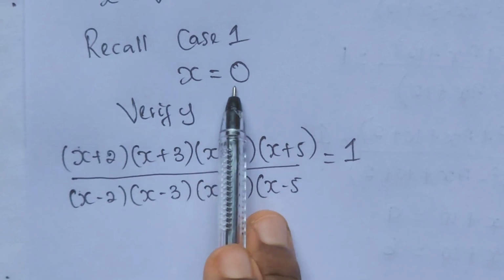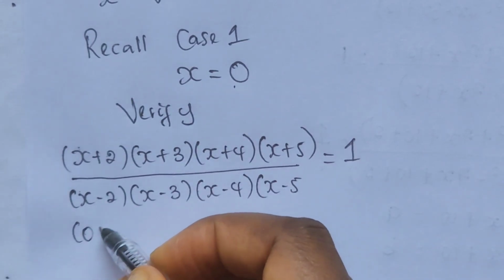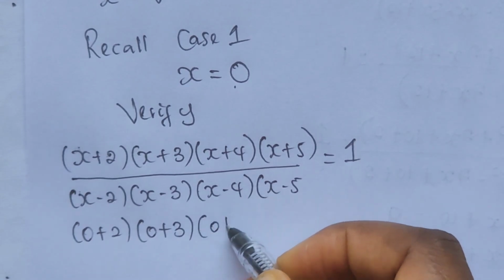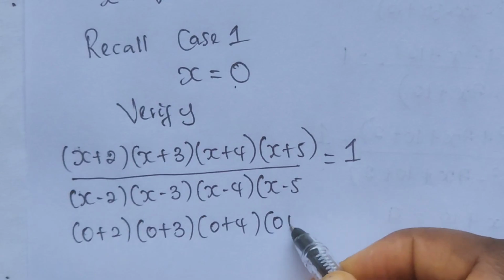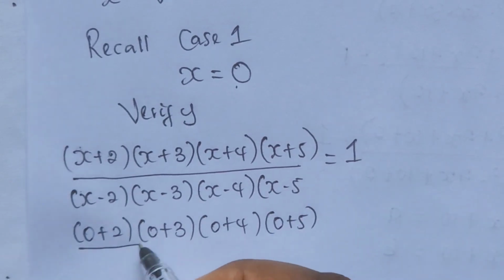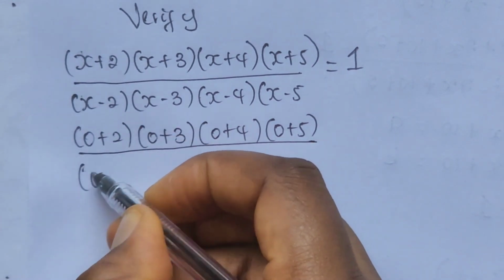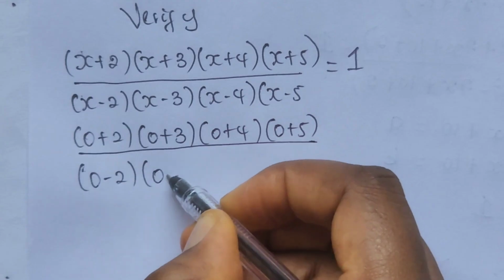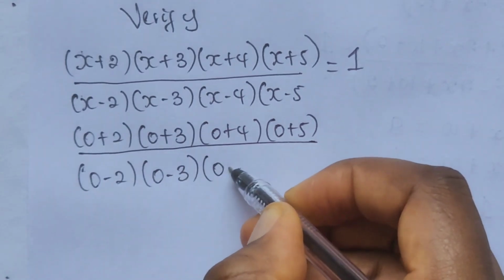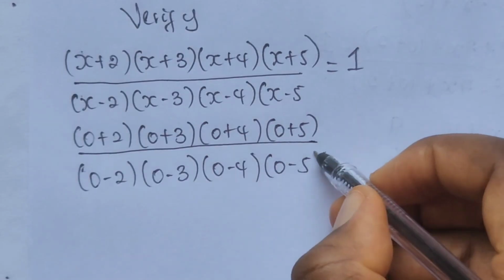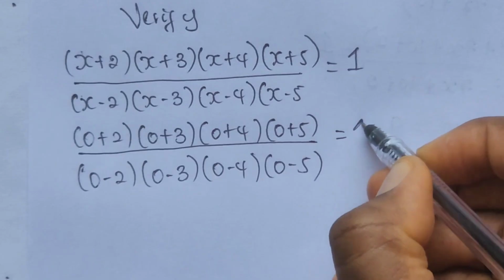So when x is 0, we have 0 plus 2, 0 plus 3, 0 plus 4, 0 plus 5, all over 0 minus 2, 0 minus 3, 0 minus 4, 0 minus 5 to be equal to 1.